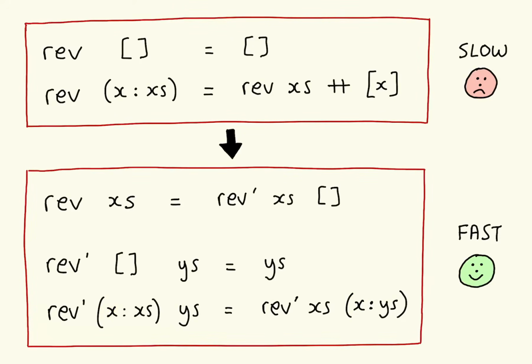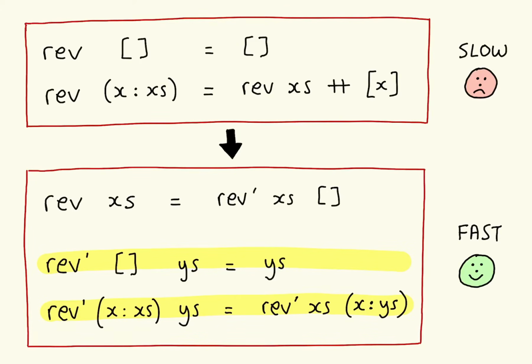And what we find when you look at the time complexity of this function, this one turns out to be linear time complexity. So it's a faster version of the reverse function, sometimes called fast reverse, and we have a nice smiley face. And the interesting thing is how we actually obtained this two-line definition for rev prime.